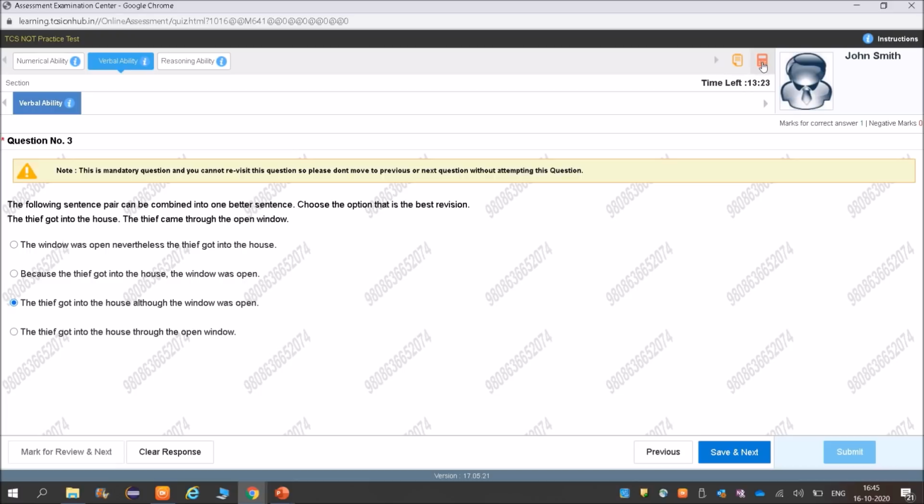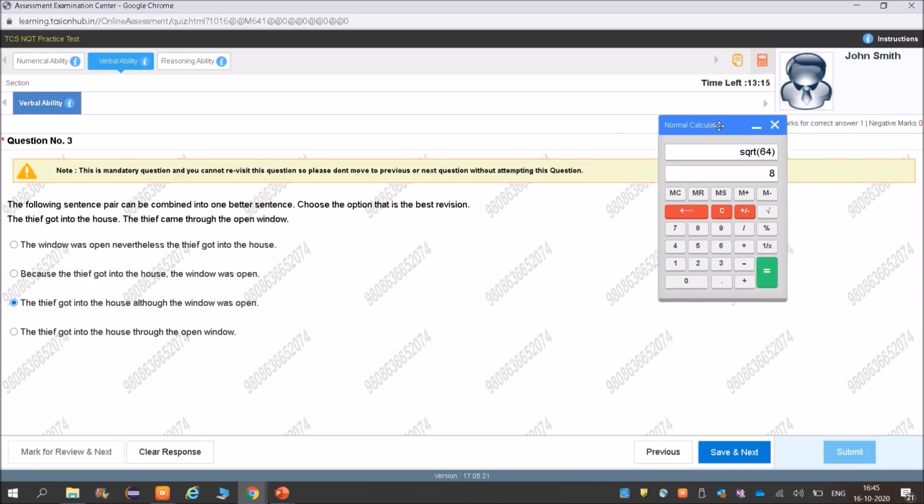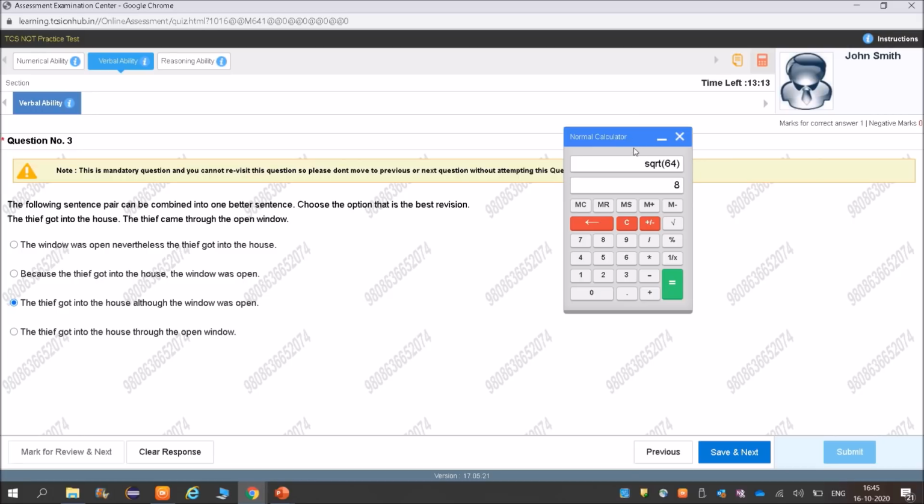And friends, one more very important thing is the calculator. So friends, this is a very normal calculator. See, they have also mentioned here, normal calculator. This is not a scientific calculator, but friends, this is going to help us a lot in the examination. See, a complex calculation like 1.5689 into 36898, multiplication, division, square root, it will work as a normal calculator only.